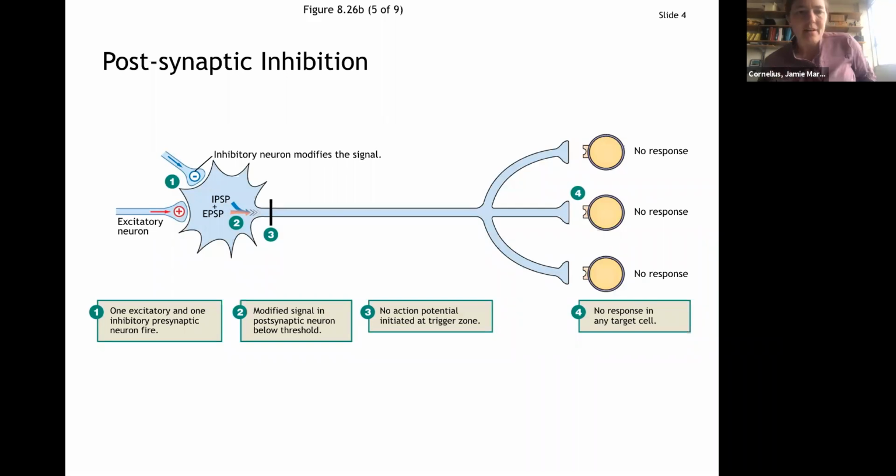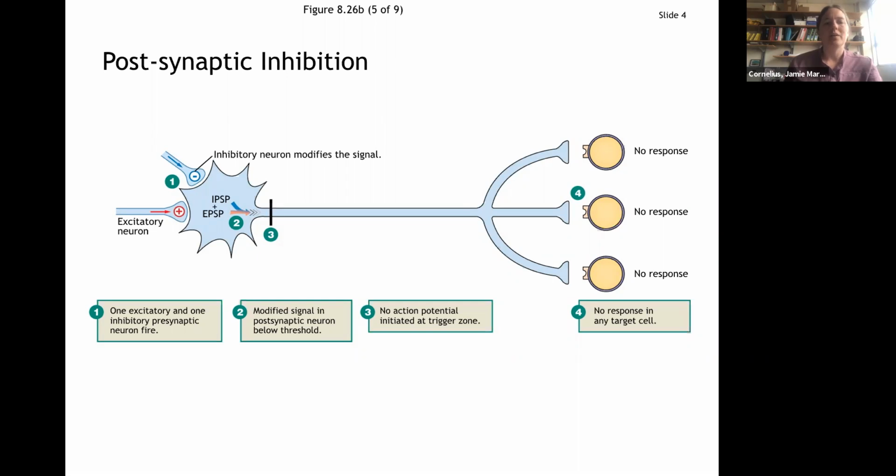Okay, and then here's a closer look at inhibition, because it depends on where the inhibition happens. In this example, we'll start with postsynaptic inhibition. The blue negative, we'll say that's a GABAergic neuron, so it's going to release GABA onto that postsynaptic cell.